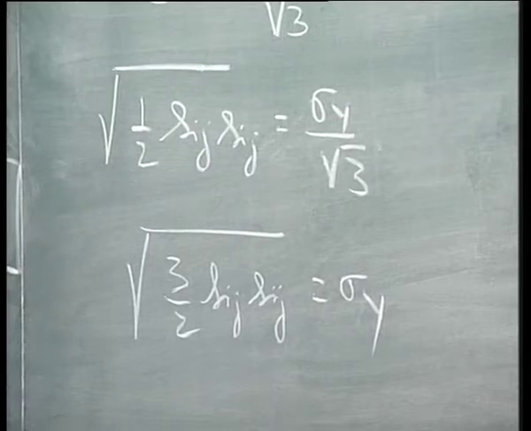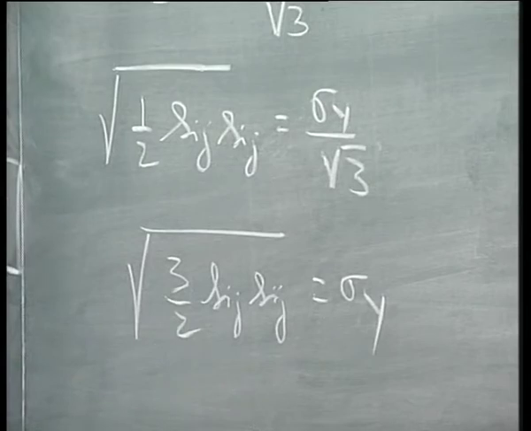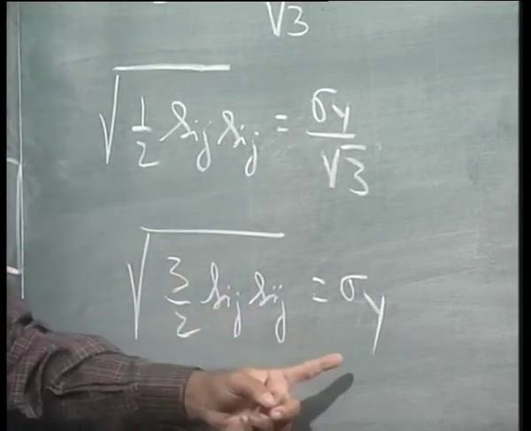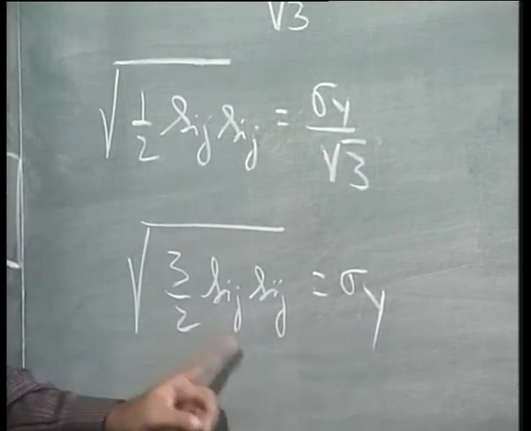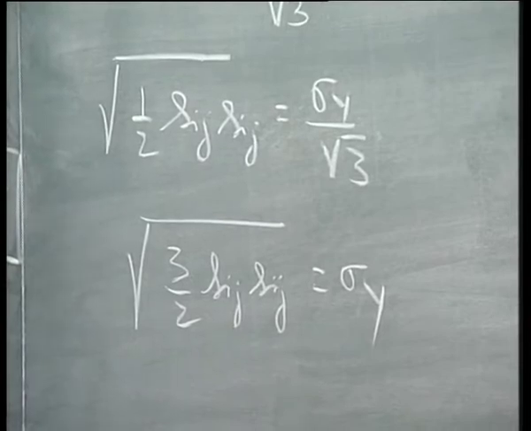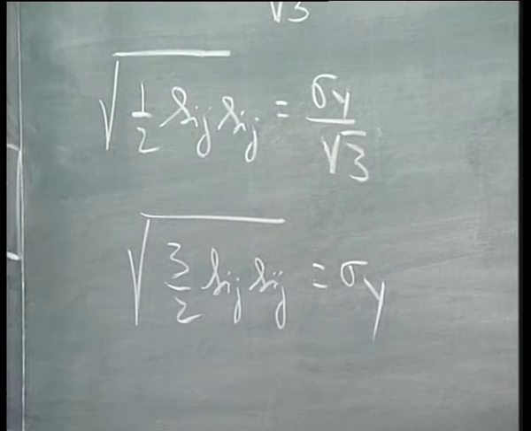Now I have a combination of the stresses which can be compared directly with sigma y. In other words, I get one number from these 6 numbers to compare with the material property called sigma y.